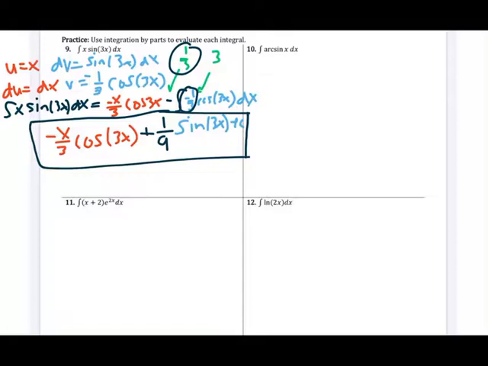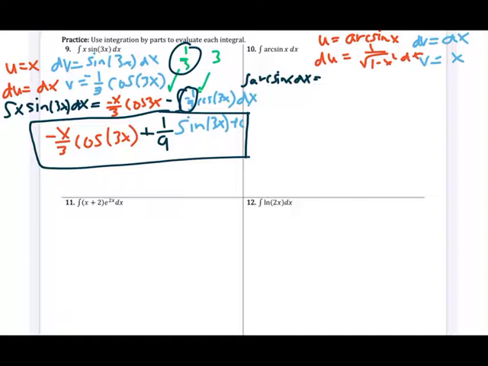All right, number 10. I have arc sine of x and I have dx. I do not know how to integrate arc sine of x, so I'm going to let U be arc sine of x, which means that dv is just going to be dx, which means that v is x. And du is 1 over the square root of 1 minus x squared dx.